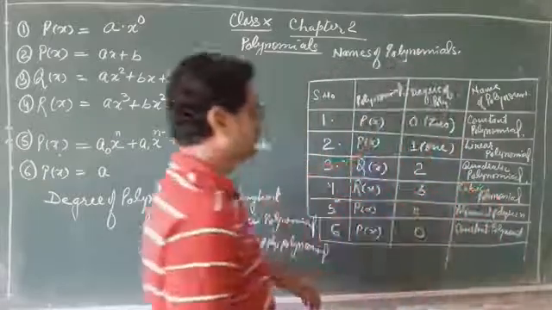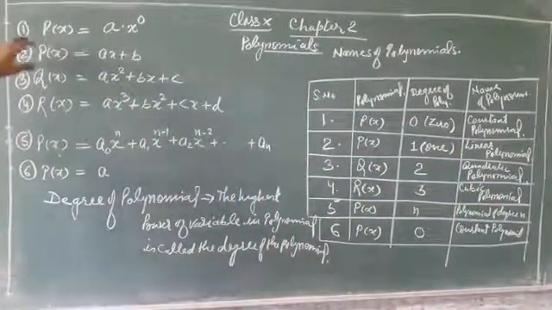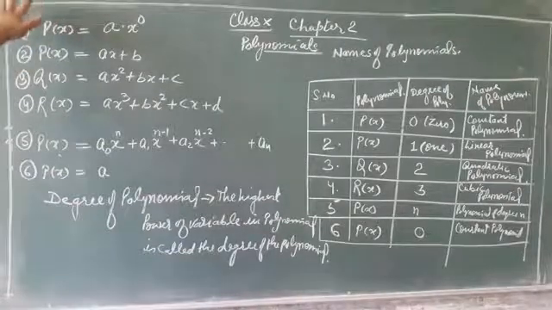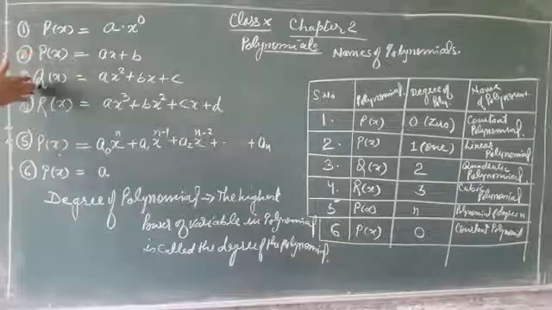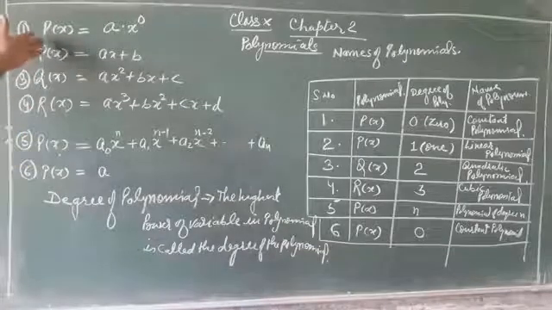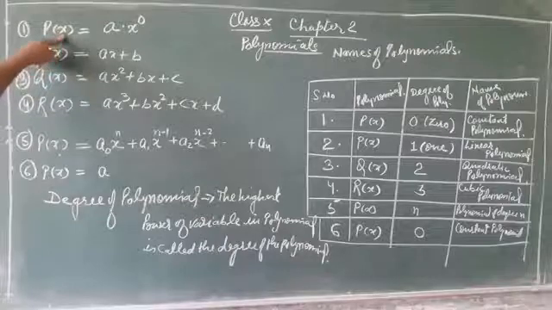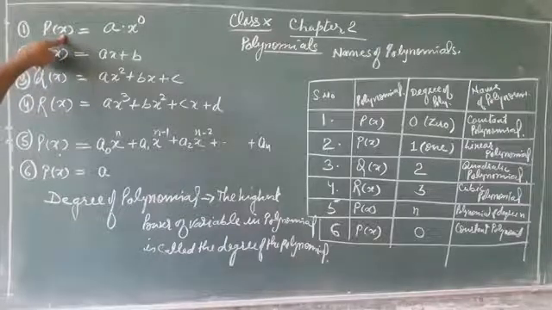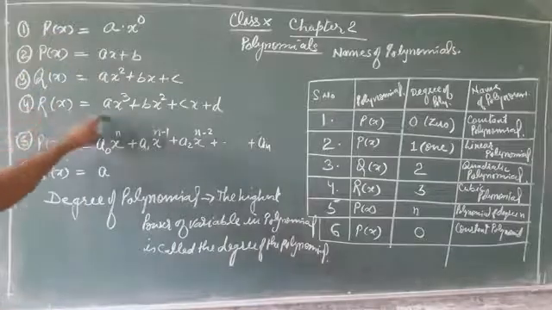Here, a very important point is that a polynomial is always written with capital letters, just like p of x, q, r, whatever, and the x is the variable in which the polynomial is written.